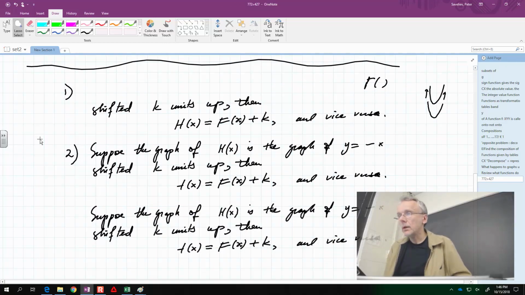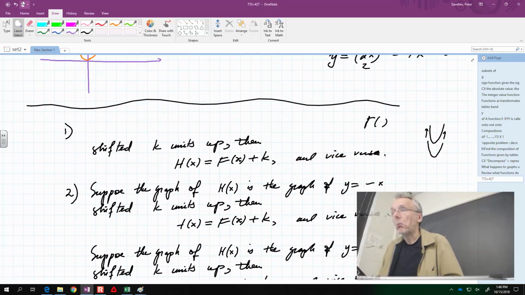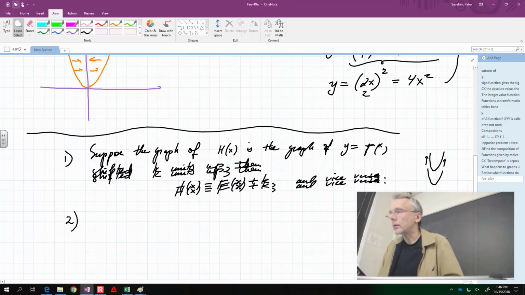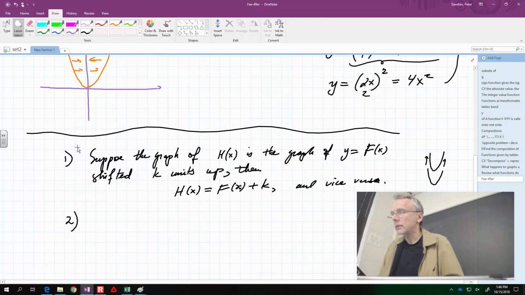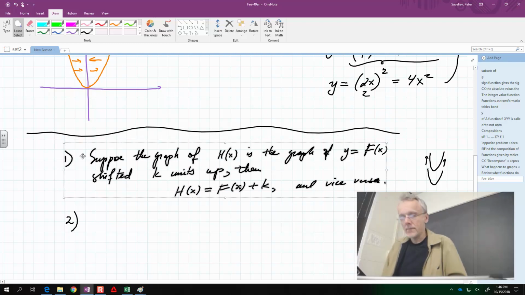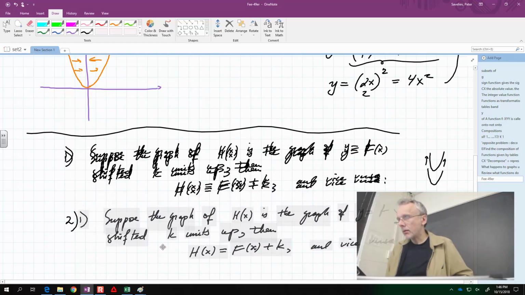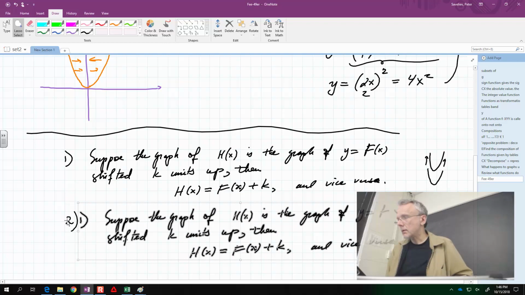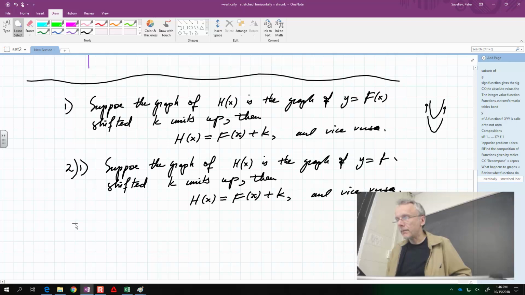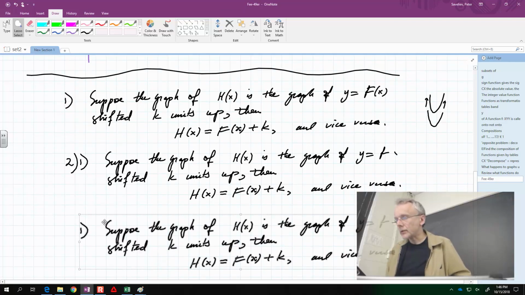I'm going to copy, so three properties, and there is certain repetition there, so that's why I'm doing some copying.